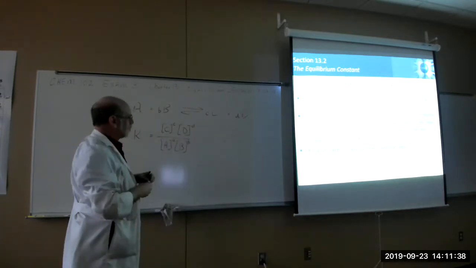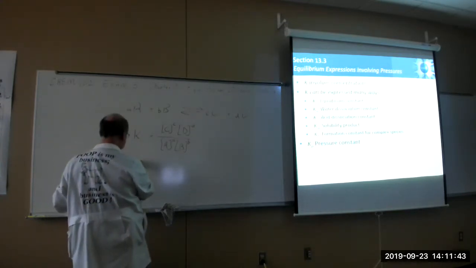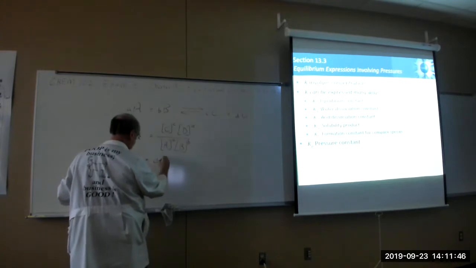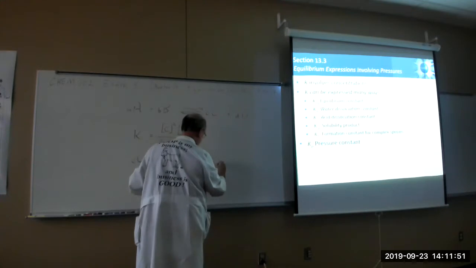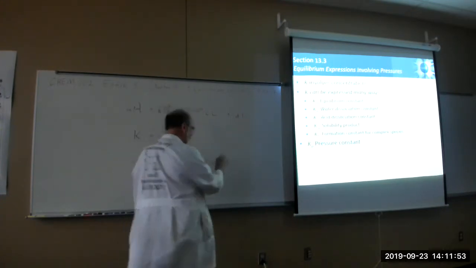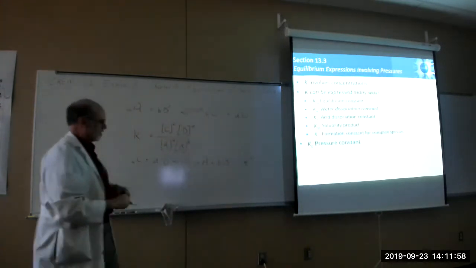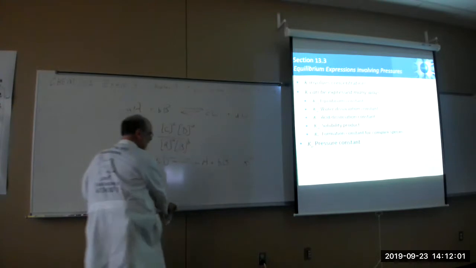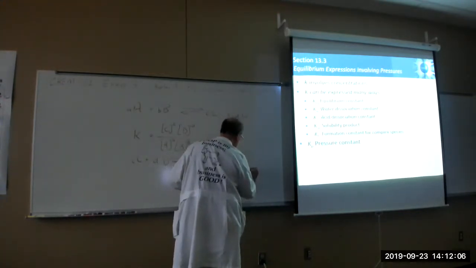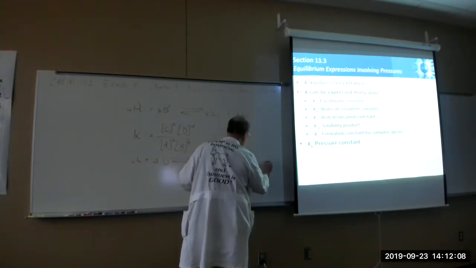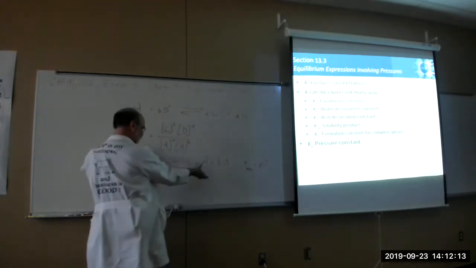So the value of K for an inverse reaction is the inverse of the old K. The new K is equal to the inverse of the old K, simply because we reverse the order.